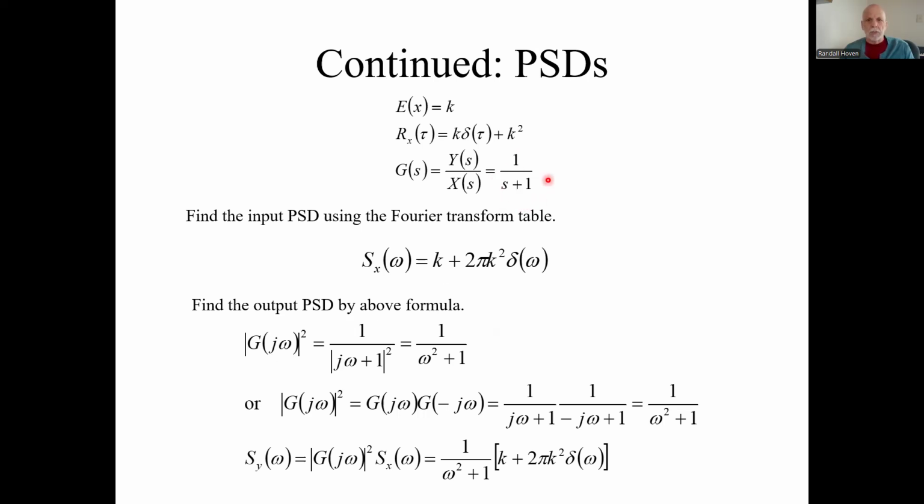Here's the transfer function. Plug in j omega for s. And the magnitude of a complex number is the imaginary part squared plus the real part squared. So here's what that is. Or if you calculate it this way, you'd end up with the same answer. So the output is going to be this times this, which is that. So that's the power spectral density of the output.